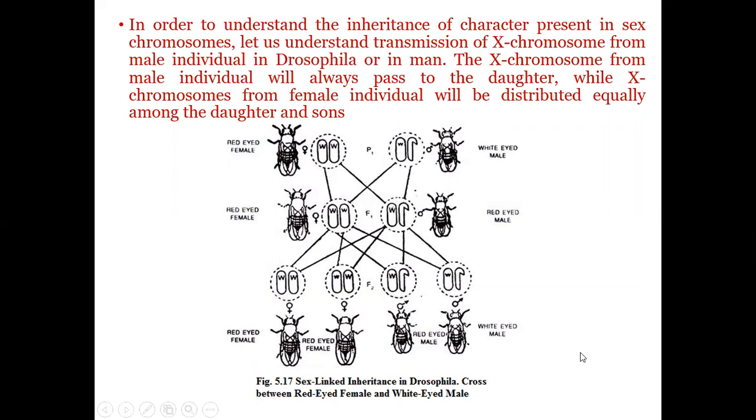As you are seeing, while studying these things, Morgan had a true-breeding strain of white-eyed flies, and he crossed this new variety with the wild red-eyed type. The results from a cross of a white male with a red female were different from those obtained from the reciprocal cross, that is a red male and a white female.